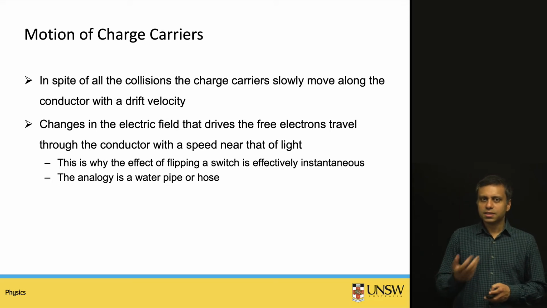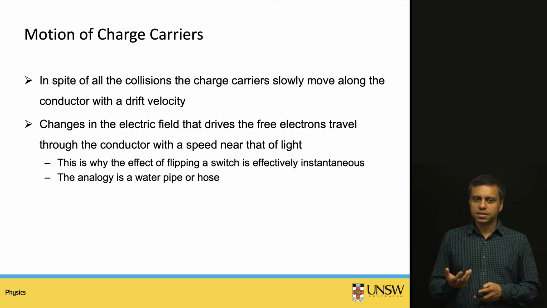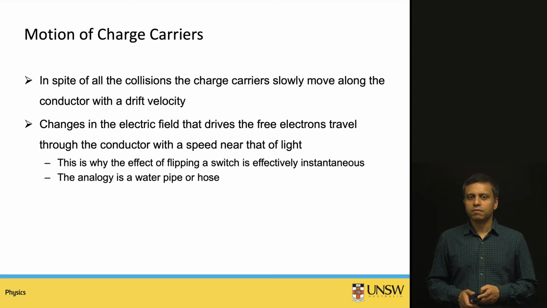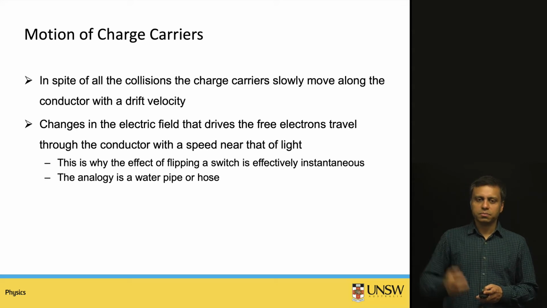So you can think of the same analogy for electron flow in this case. So the important point to note is that the electric field travels very fast. In fact, it travels almost at the speed of light. And that's why when you turn on a switch, the light is turned on instantly, even if it could be located far away. And the same in all electrical devices in our homes.